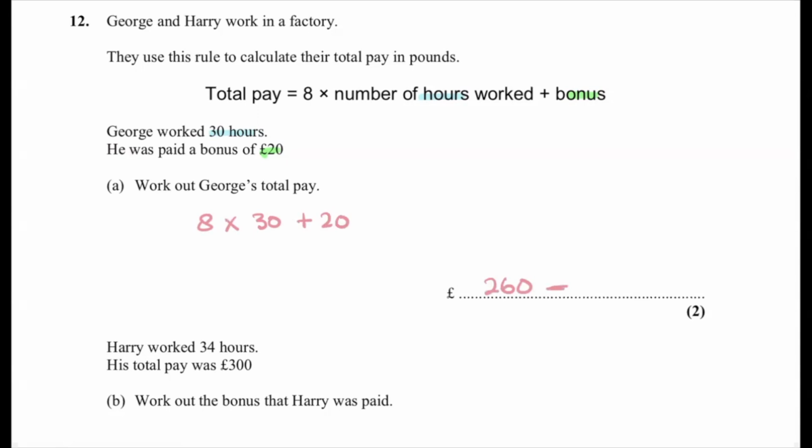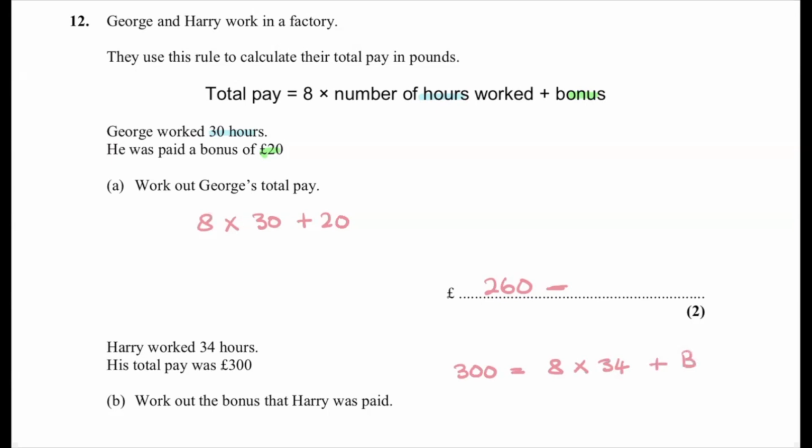Now, Harry worked for 34 hours, and his total pay was 300. So this time, the total pay, 300, has to be written at the beginning. You've then got your 8 times hours worked, which is 34. And then we've got the bonus, which is what we don't know.